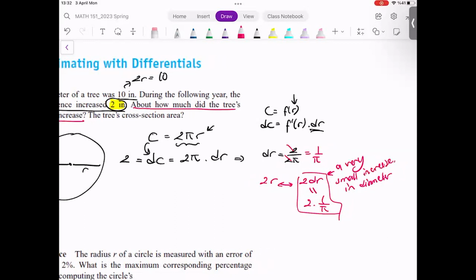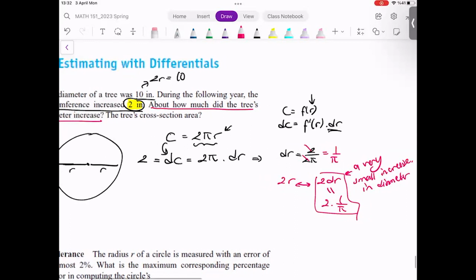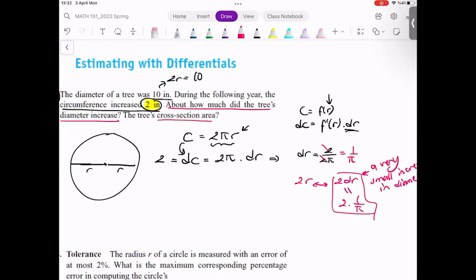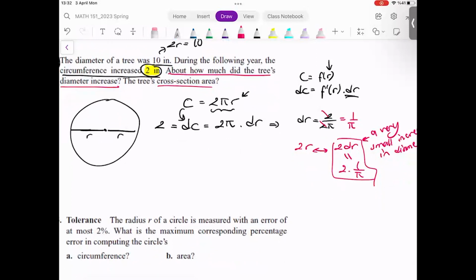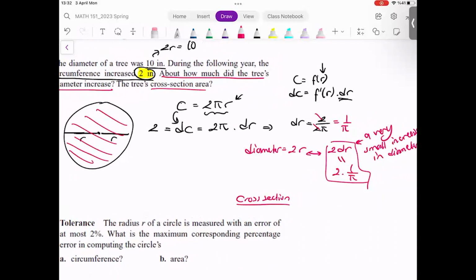Now, the second part. How much did the cross-section area increase? This time, instead of diameter, we need to deal with a cross-section of the tree. You see its cross-section here, and its area is what? Let's denote the area of the cross-section by A. Do you know how to compute the area of the disk?